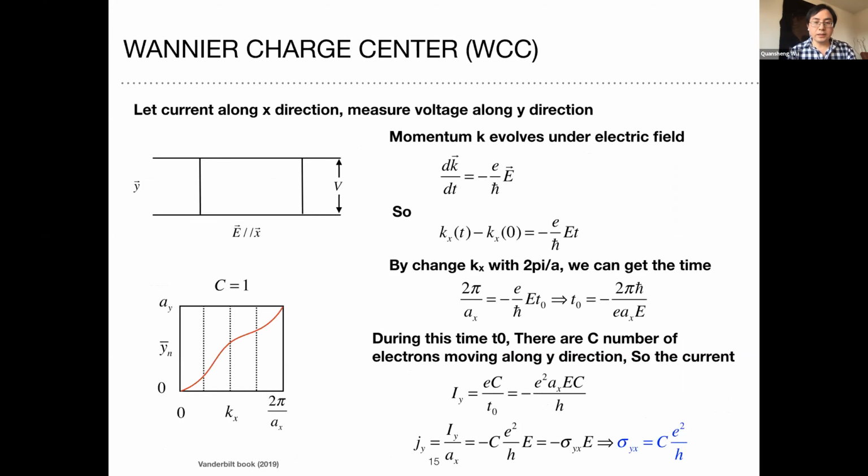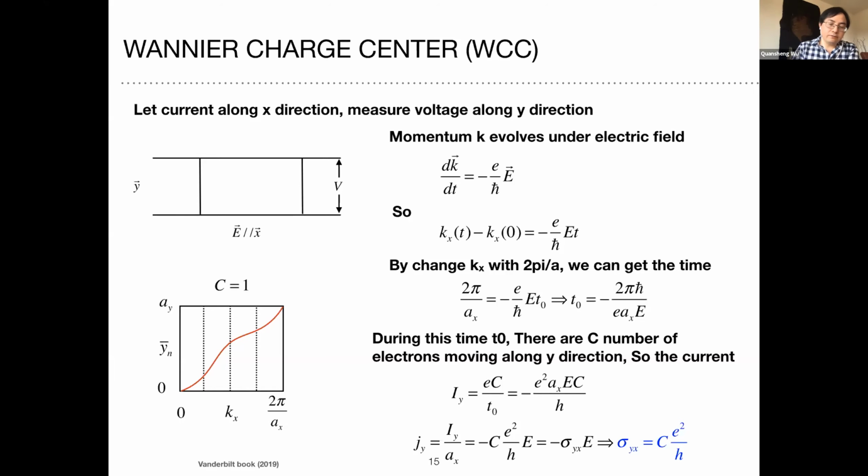The current is along the X direction, and we measure the voltage along the Y direction. The momentum evolves under the electric field. If we have an electric field, then the momentum changes like this, so Kx evolves with time.